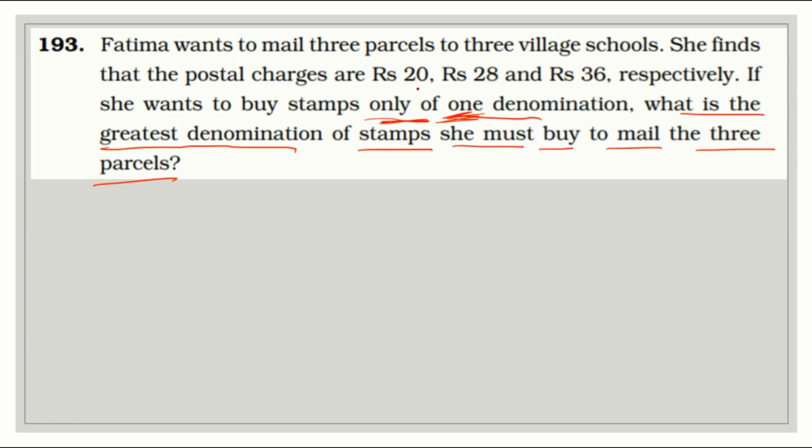Now similarly with 4 rupee denomination, you require 5 for this, 7 for this, 9 for this. Like this you have to find out. That means you are finding something like the highest common factor only.